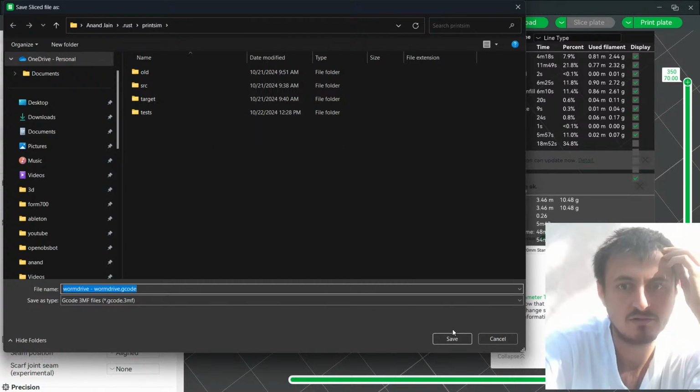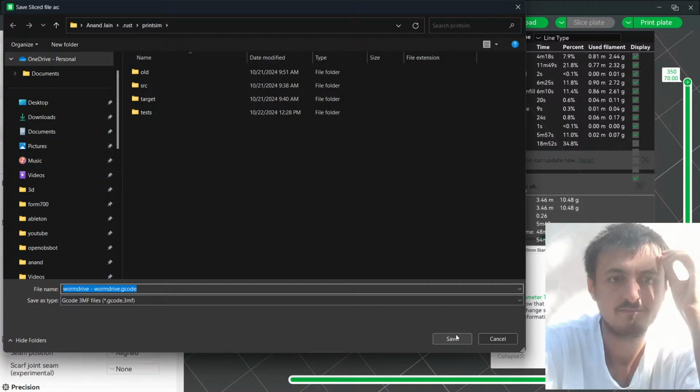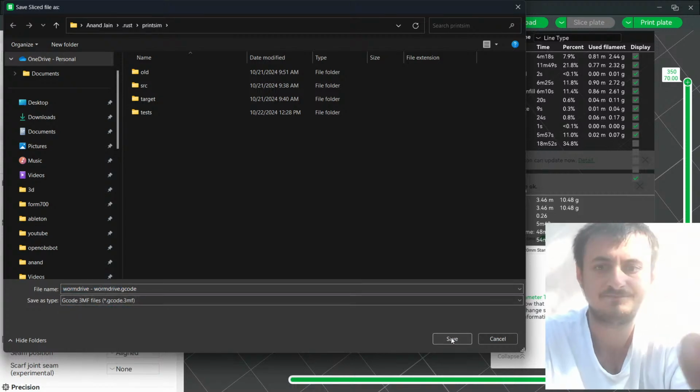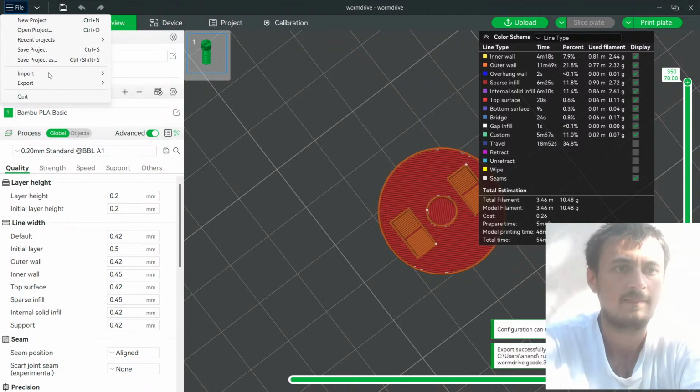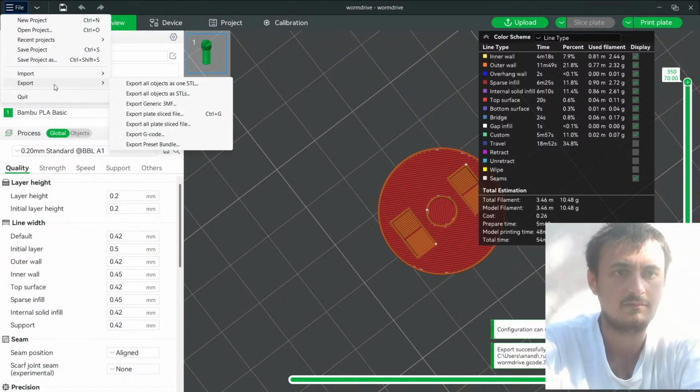It's a G code 3MF. What does that even mean? It's G code though.